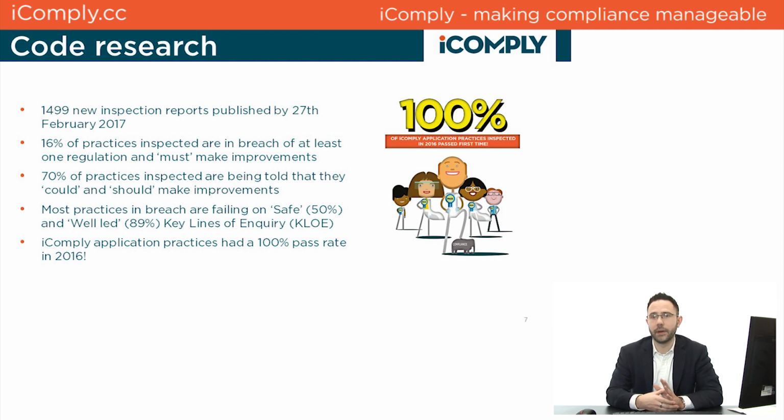That number seems to be going down. It started quite high at about 20%, and it's going down to about 16% now. I don't know, maybe they're being a little bit easier on people, or maybe as a profession, we're getting to grips with the new way that they're inspecting and what the CQC are looking for. So I'm not quite sure why, but it's still a significant number, 16% on average. 70% of practices are being told that they could and they should make improvements.